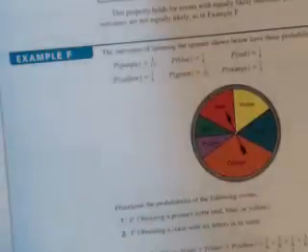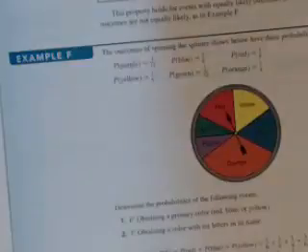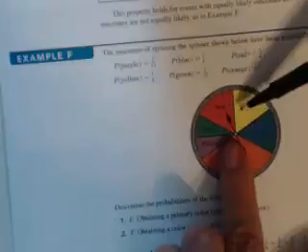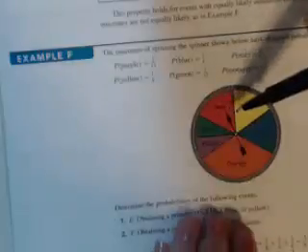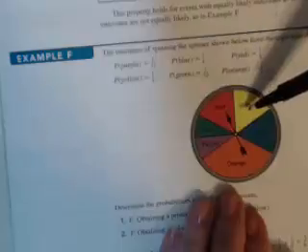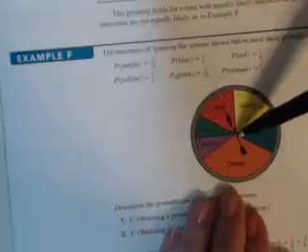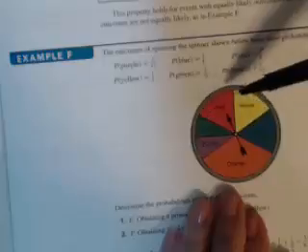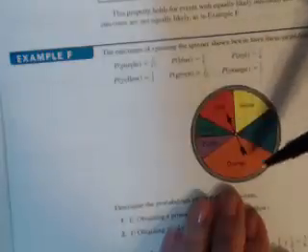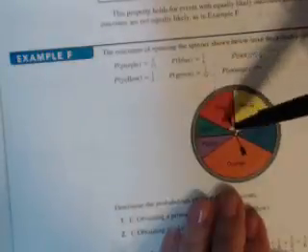Now we can combine colors. And to find the probability of the combined colors, we would simply add the two areas together. So the probability of landing on red or yellow would mean, how much space does red and yellow take up in terms of the whole circle, and it would take up a third.